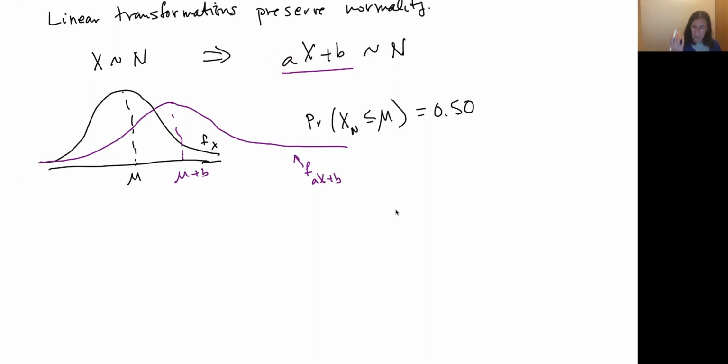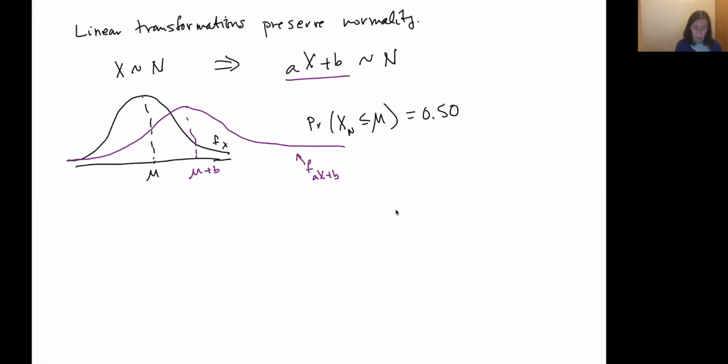So let's remind ourselves of how that works. This claim about linear transformations preserving the shape of the PDF is true for the normal distribution and hugely useful, but not always true for all distributions. We know some other things that are true for all random variables, so let's remind ourselves of those.